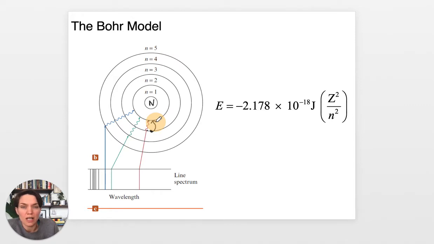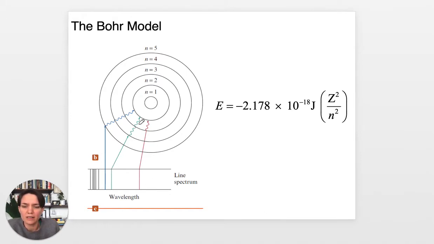Now, it's losing energy. We know that energy in the universe is conserved, so that energy is expelled as a photon of light at a particular wavelength. In this case, that wavelength would correspond to red on our visual spectrum.